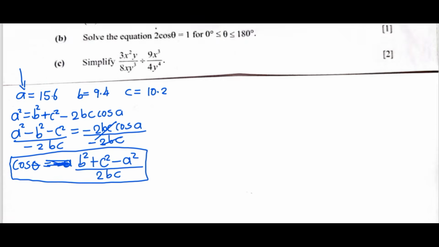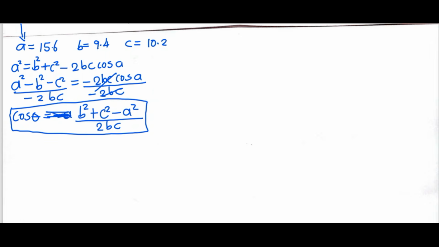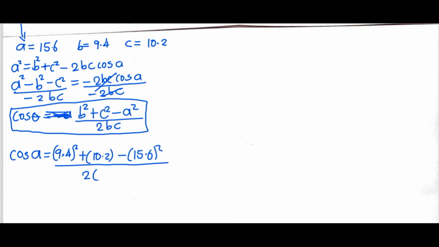So now let's put in the data. Cos A is equal to, what's our B? B is 9.4 squared plus C is 10.2 squared minus A, which is 15.6 squared, over 2 times 9.4 times 10.2.